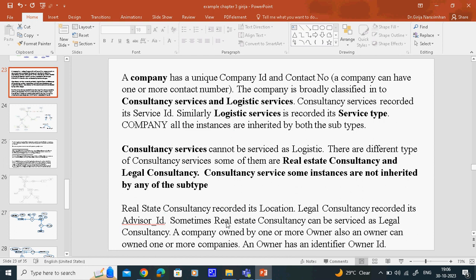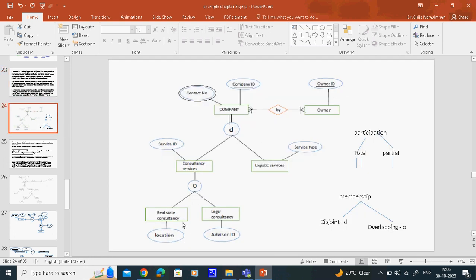Sometimes real estate consultancy can be serviced as legal, so sometimes real estate acts as legal. That time it is called overlapping, O. Here in the earlier case, D means both are entirely different, disjoint, not related. Here sometimes it will act as the other, so this is called overlapping.